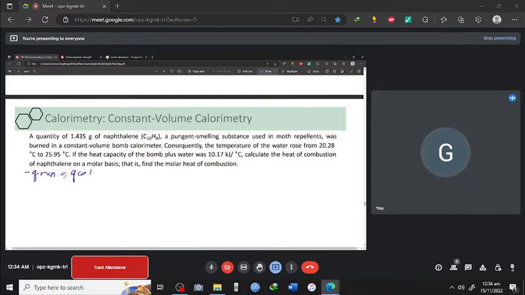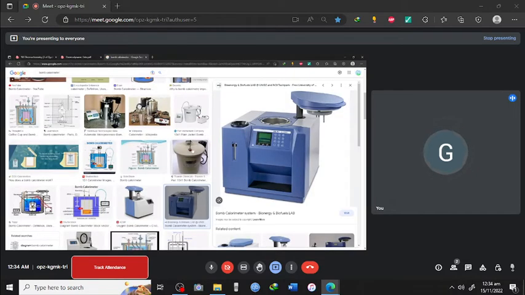Okay? Tapos, anong formula for calorimetry yung gagamitin natin? So, kung matatandaan nyo yung discussion natin kanina, sabi natin, for a bomb calorimeter, we use the formula heat capacity multiplied by the change in temperature. So, the reason why hindi na natin gagamitin yung mass dito, it's because we're dealing with the bomb calorimeter.